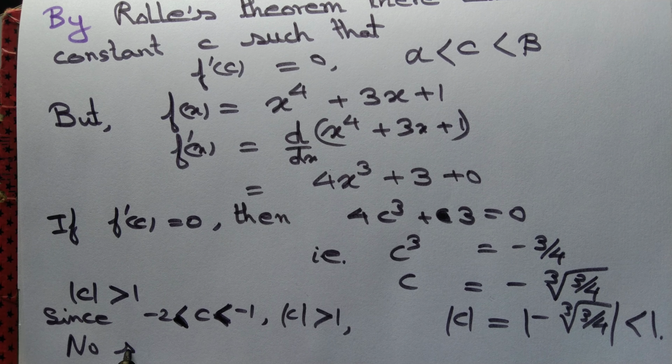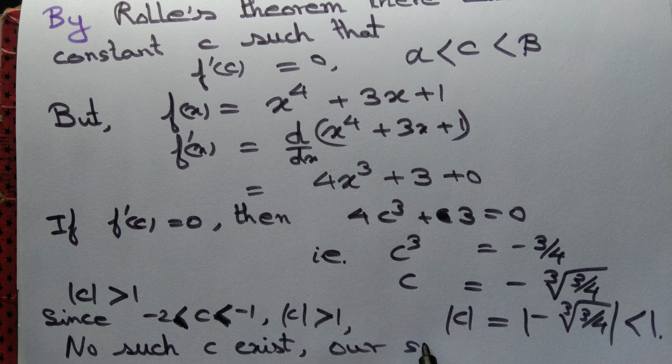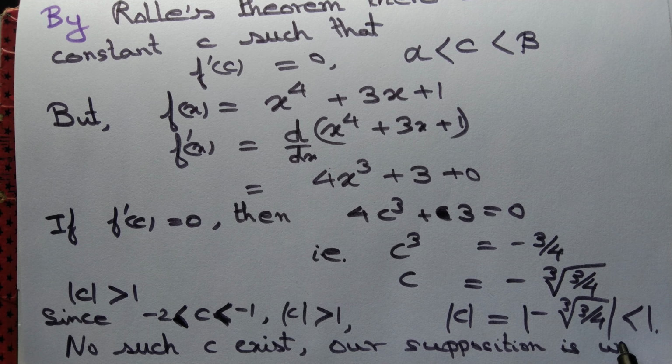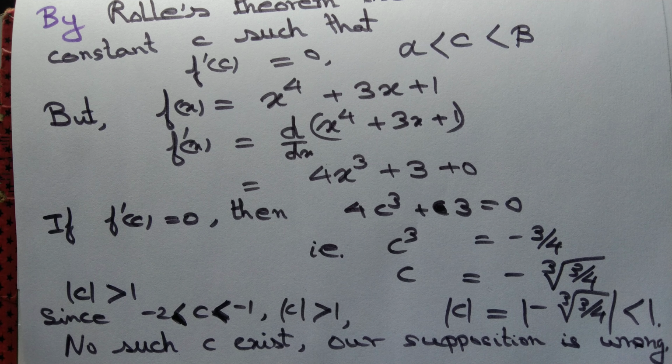So no such c exists, or our supposition is wrong. Our supposition is wrong, and we conclude there is exactly one root.